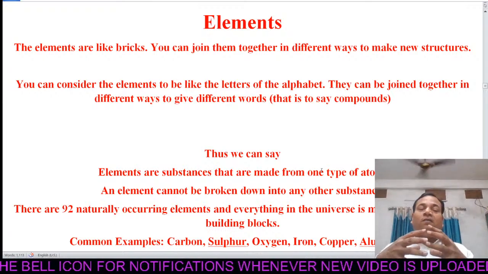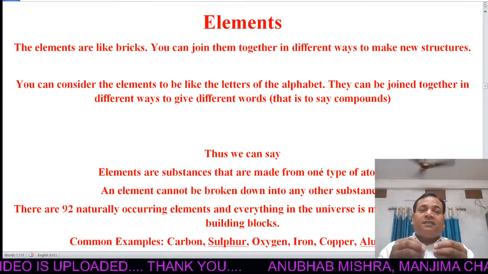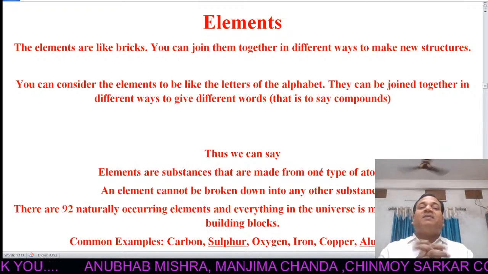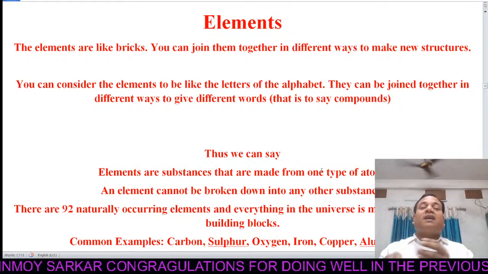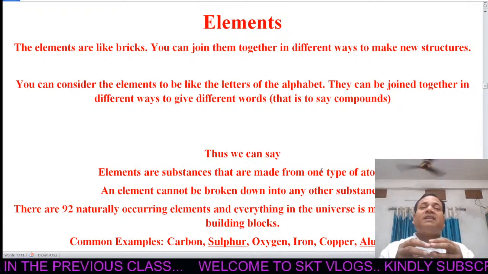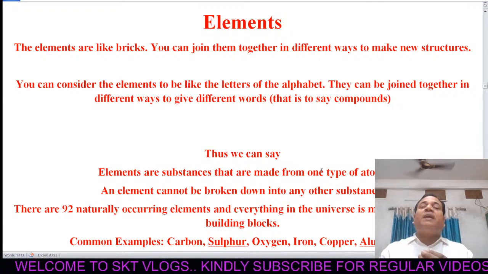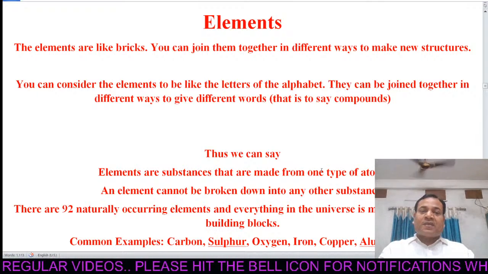So what is the characteristic? An element is just like a letter of the alphabet. जैसे कि A, जैसे boy, B-O-Y, boy, new word बन गया. So like that, with various elements you can make a special type of compounds.